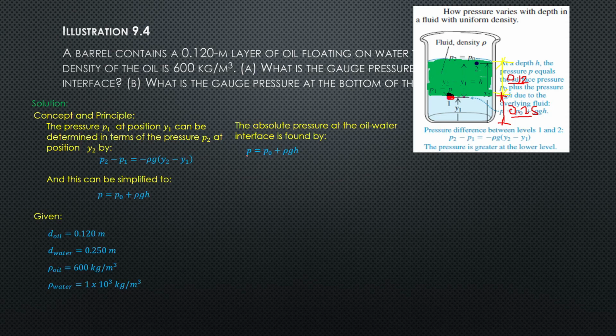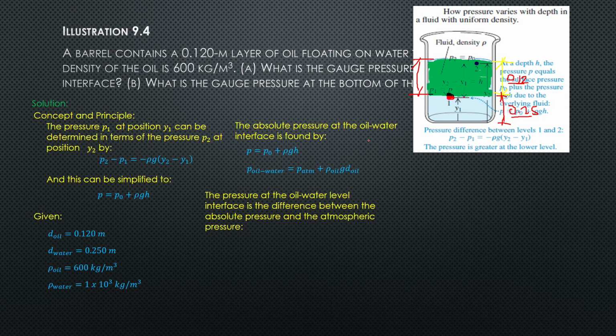Now the absolute pressure at the oil-water interface will be equal to the atmospheric pressure plus the gauge pressure of the oil level. The pressure at the oil-water interface is the difference between the absolute pressure and the atmospheric pressure.